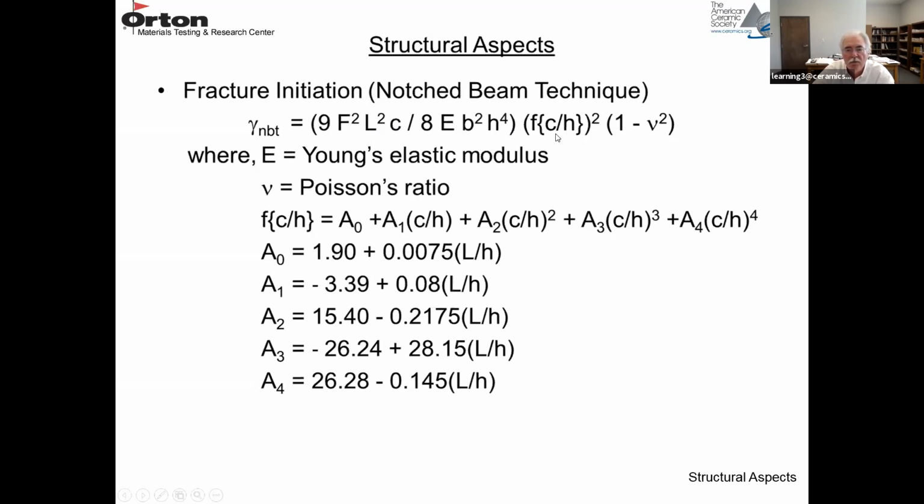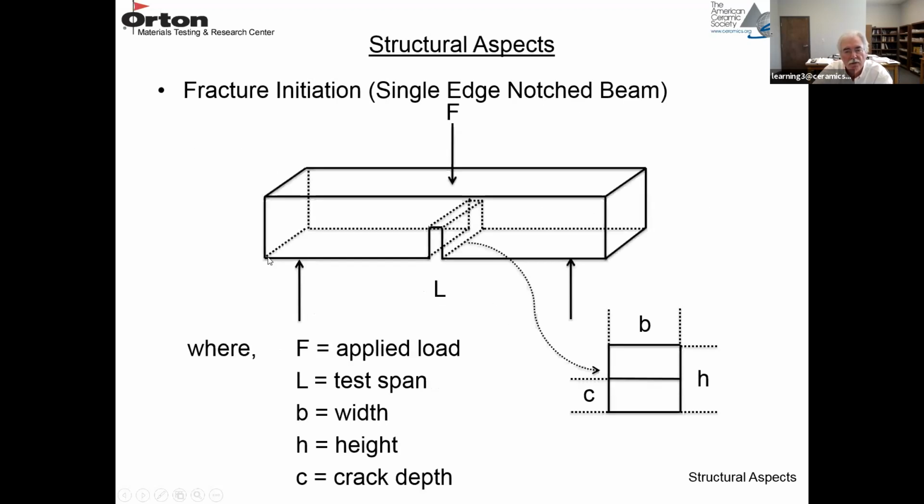And then this term is a function of sample dimensions C over H, which is then a function of these other constants. The constants are shown here. This term is a function of C over H, and then these constants are a function of L over H. So you can measure all of these parameters and calculate this number by running a simple notch beam type sample.